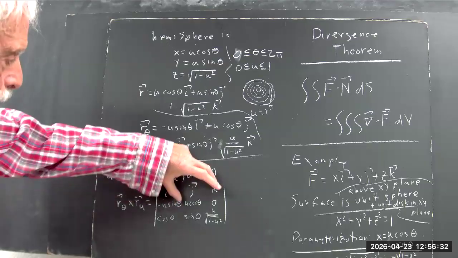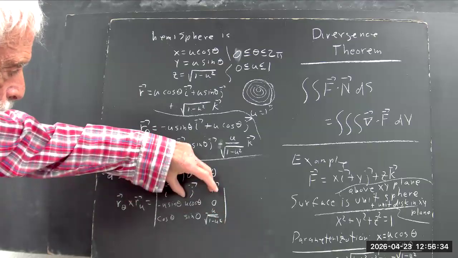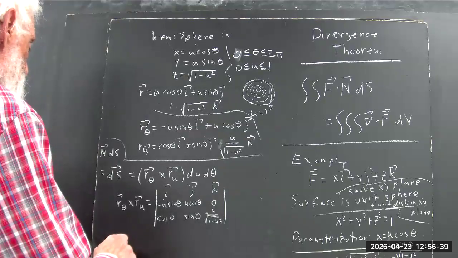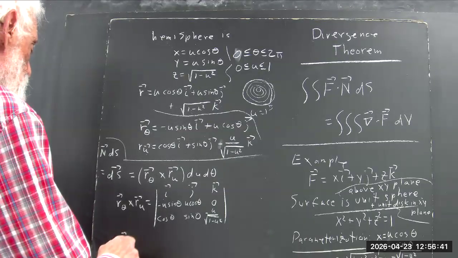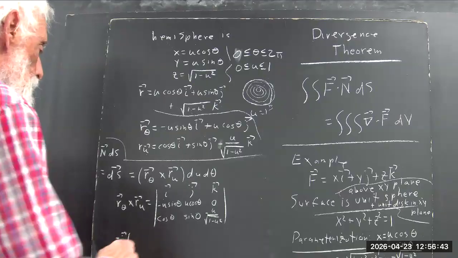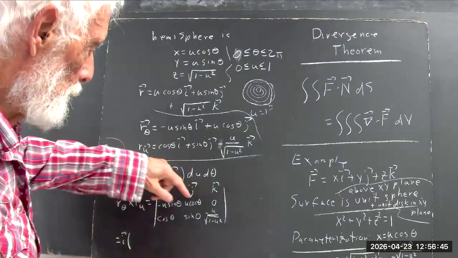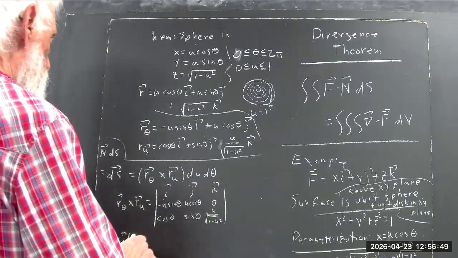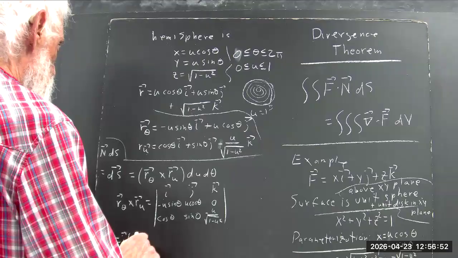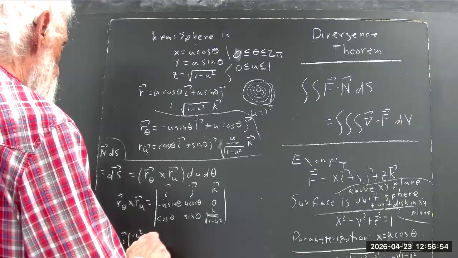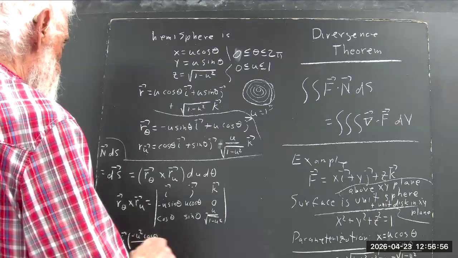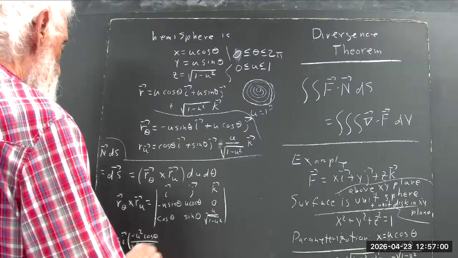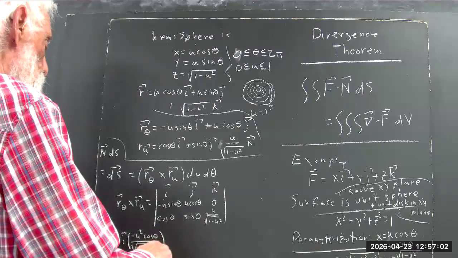So it's i times the determinant of this minor. Well, the determinant of this minor is just the diagonal because you got a 0 here. It's i times negative u squared cosine theta over the square root of 1 minus u squared.